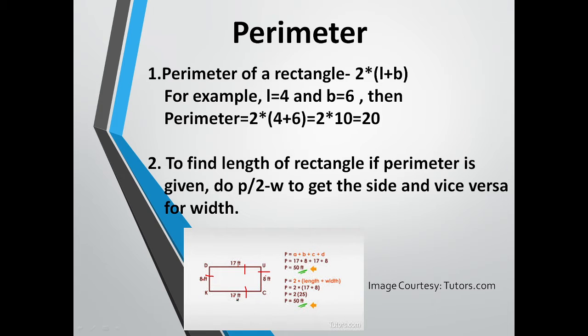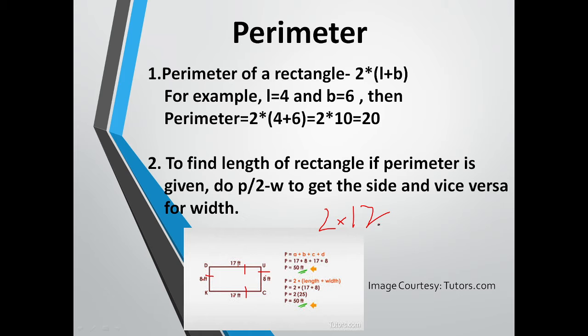So what we can do over here is take the two equal sides, 17 plus 17, which will be 34. So we can just do 17 into 2, and the other two sides are also equal, so we can do 2 into 8. So the formula will be 2 into 17 plus 2 into 8.